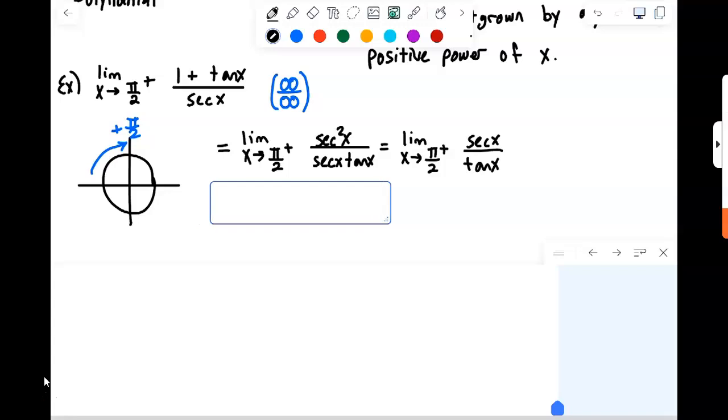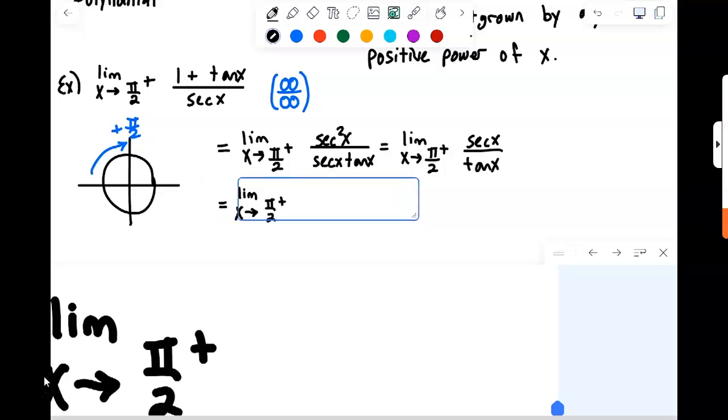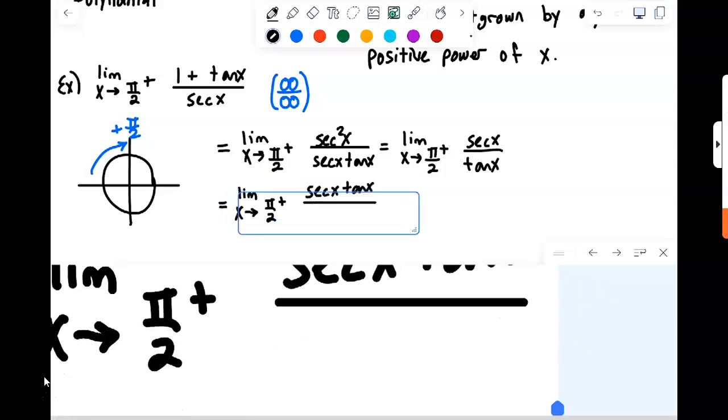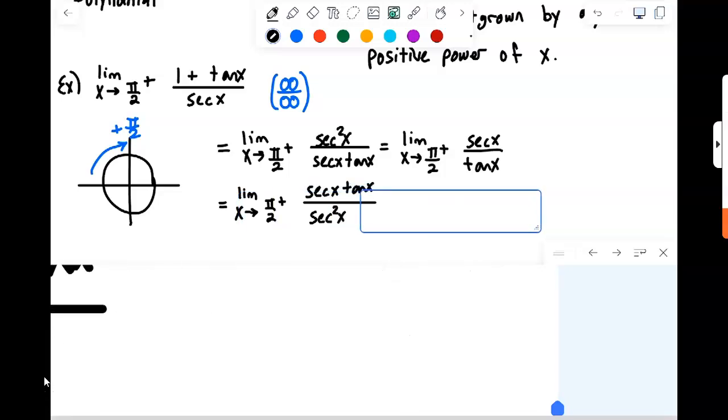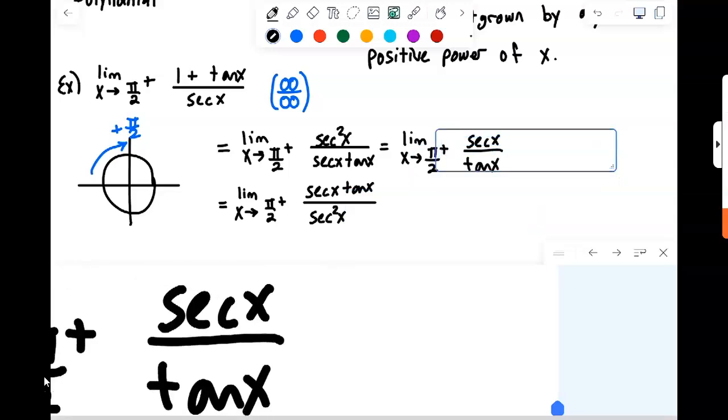If we try to do this again, we run into a problem. Derivative of secant is just secant tangent. Derivative of tangent is secant squared. That's just going to be tangent over secant. And it's just going to keep being that over and over and over again.